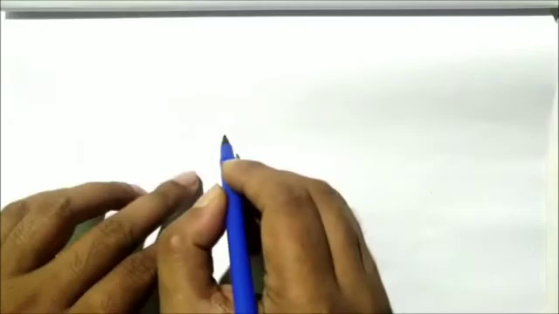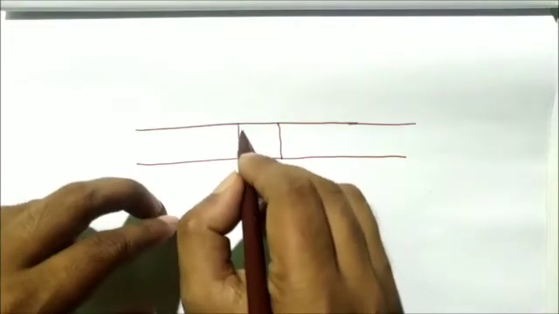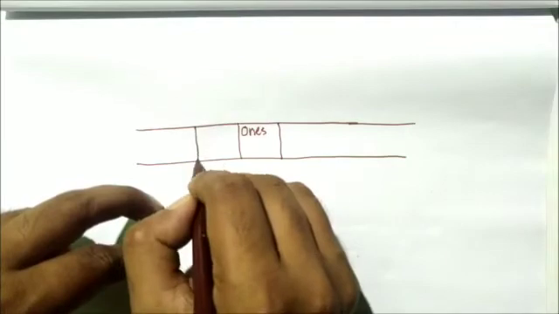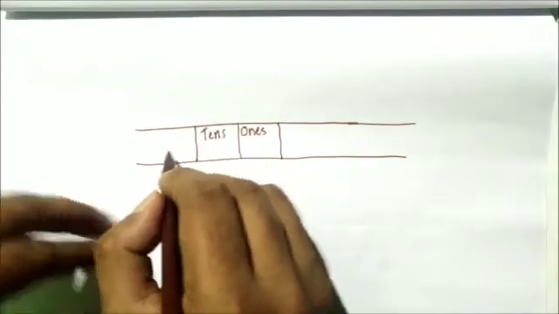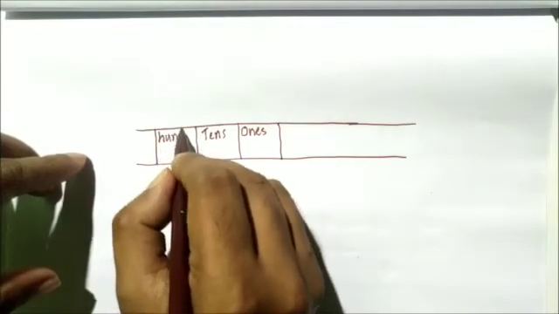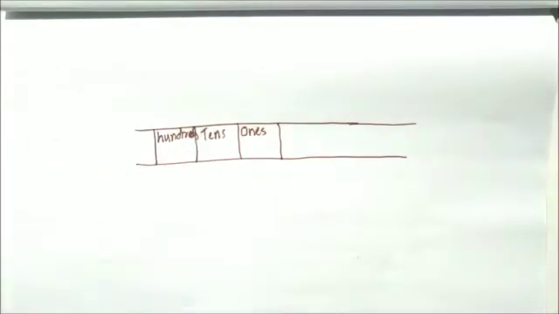Place value, we know that we have the place value system where this place is normally of ones place, and this place is of tens, and this place is of hundreds. Am I right? Tens, ones, tens, hundreds, and so on.